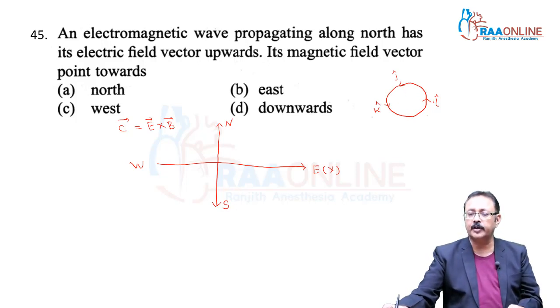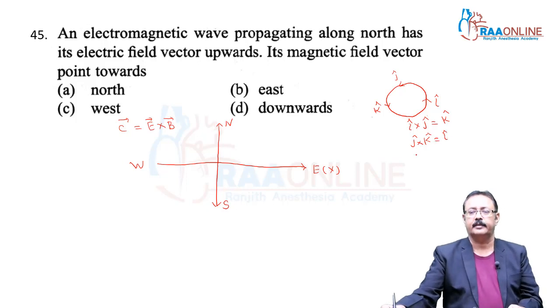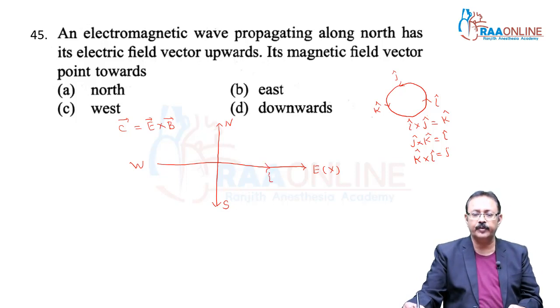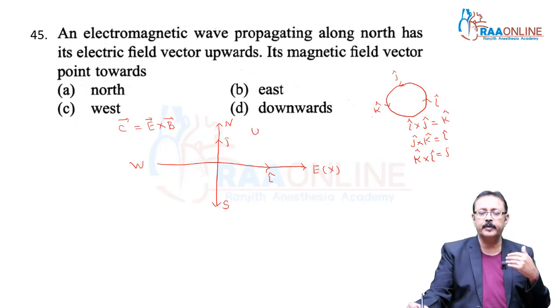It means i cross j will give you k, j cross k will give you i, k cross i will give you j. This direction is the direction of unit vector i cap, this is the direction of j cap. Upward direction means the positive direction of the z-axis, means the direction of k cap.